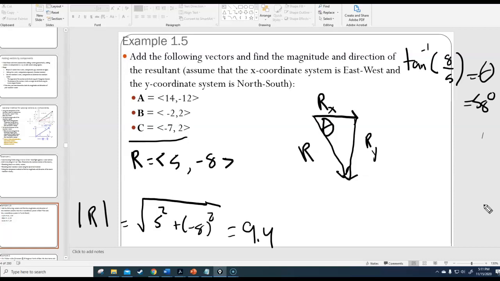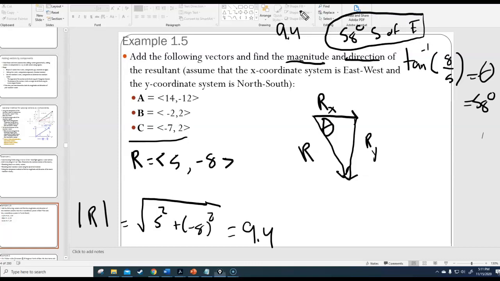Because what does that negative angle get me when I already know that the direction is south of east? So the answer to this question, the magnitude is 9.4, and the direction is 58 degrees south of east. Those are the two answers to my question.